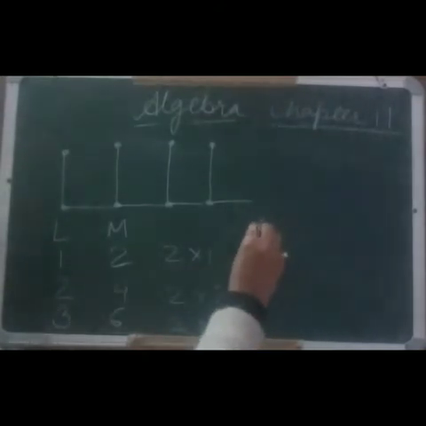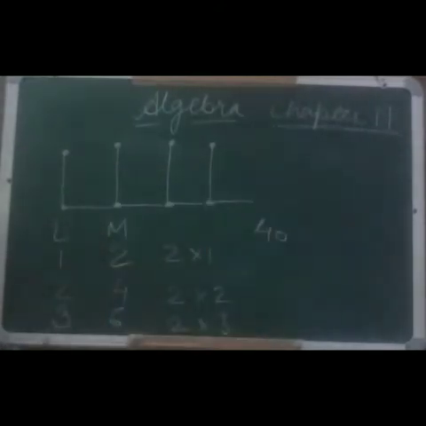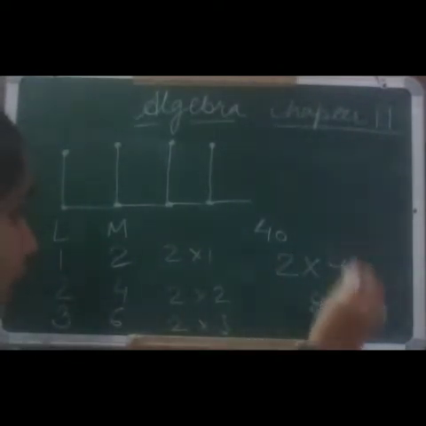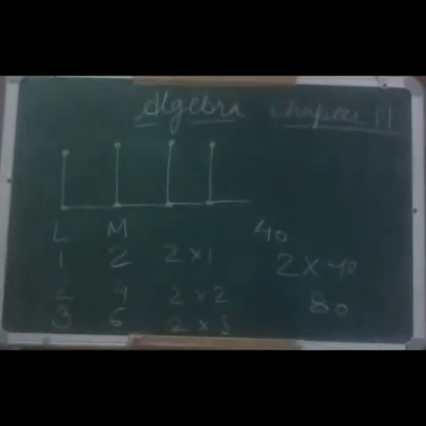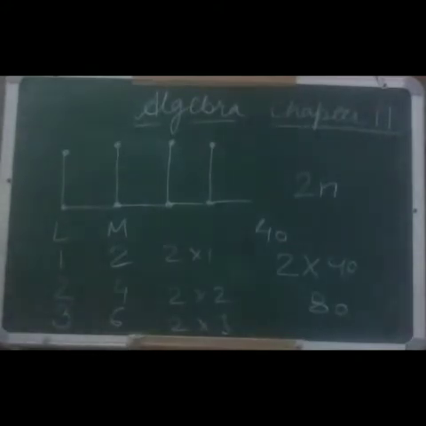Similarly, suppose we have to make 40L. So how many matchsticks will we use? 2 into 40 means 80 matchsticks. So what rule are we getting? 2 into n.